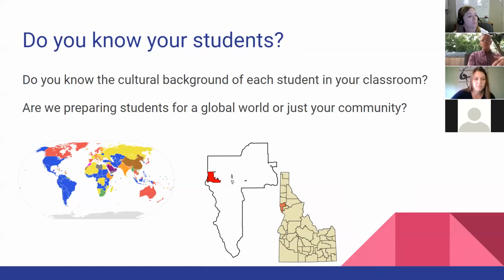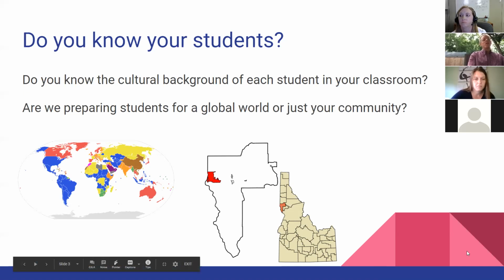And we are predominantly a European white society in Lewiston. However, that's not always the case in our classrooms. Just because a student looks white doesn't mean their cultural background is that. As our Indian Ed coordinator said when she came in, just because a child looks a certain way doesn't mean their racial background is what's on their face.